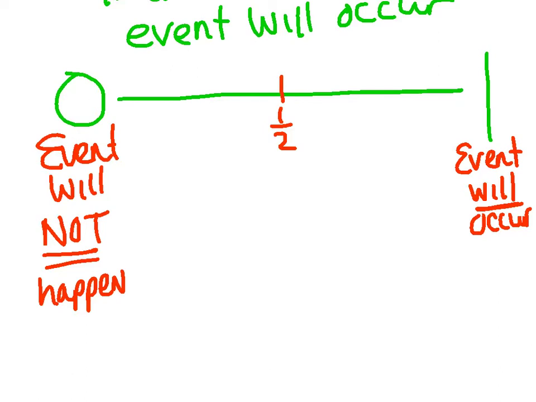Sometimes we like to represent them as fractions, decimals, or percents. So if I focus in on that 1/2, I could also say a probability of 0.5 if I wrote it as a decimal, or I could say 50%. If I'm talking percent, obviously my greatest would be 100% if it was certain to happen.